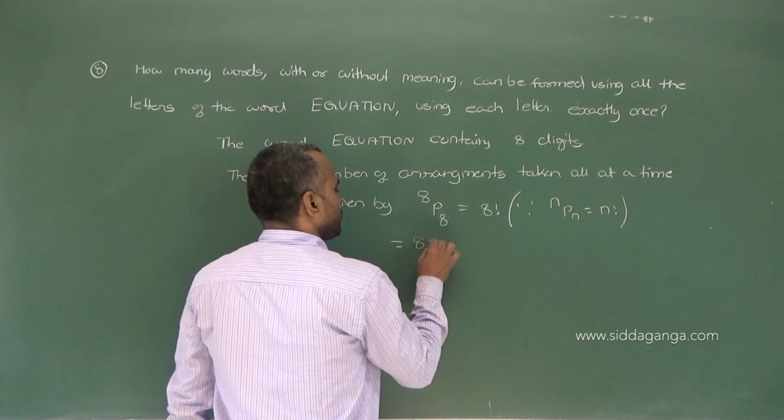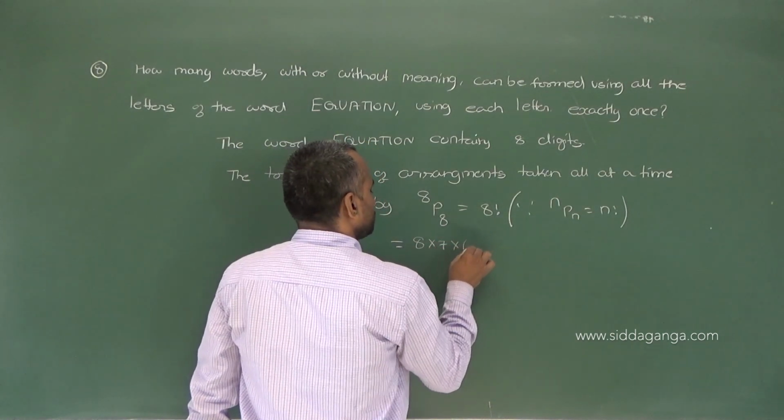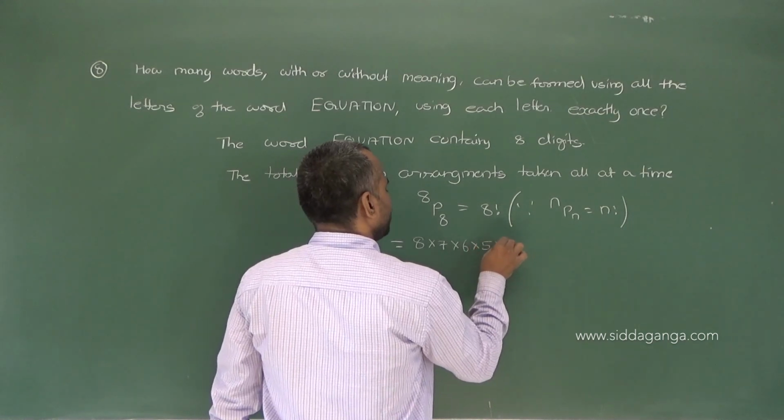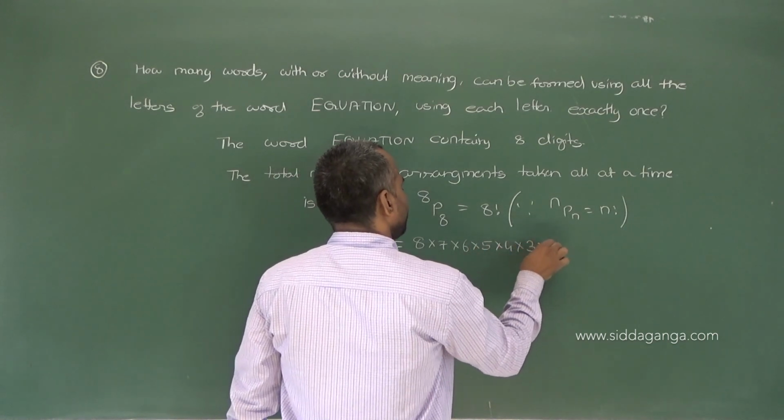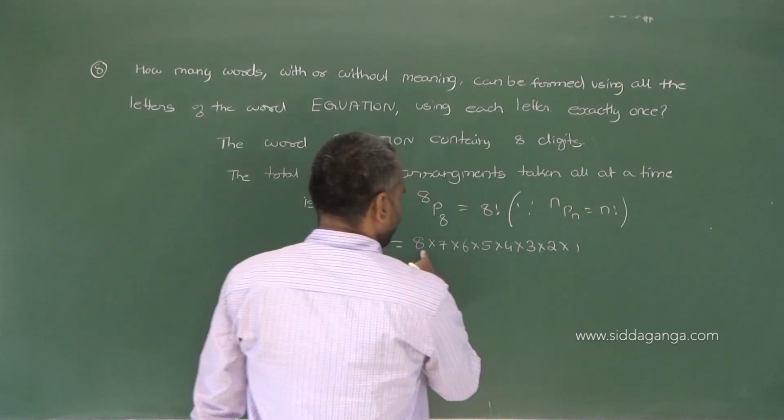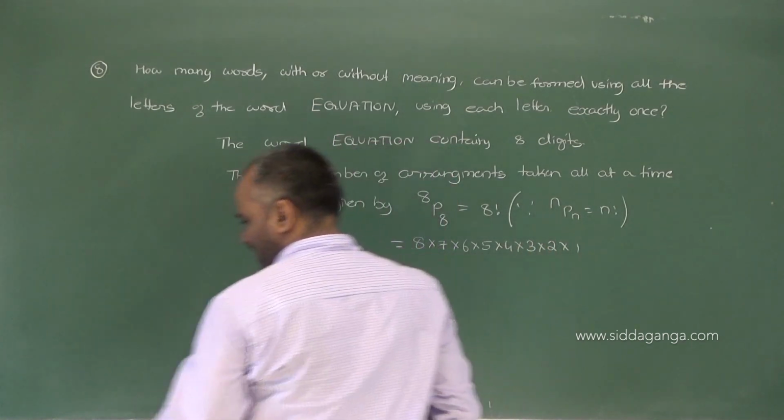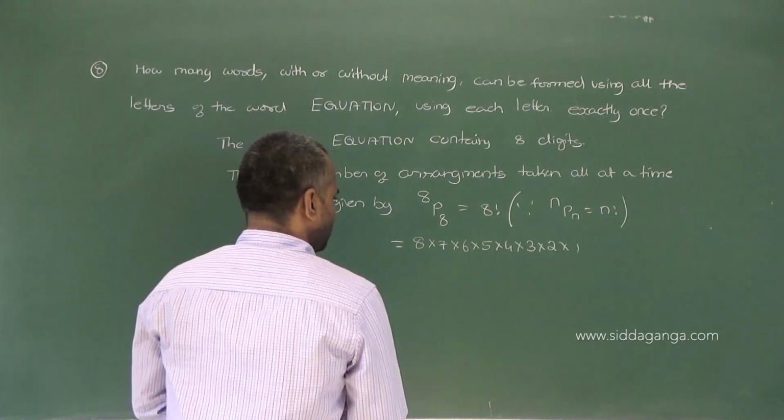Now we solve this one: 8 into 7 into 6 into 5 into 4 into 3 into 2 into 1. Calculate and find out the answer.